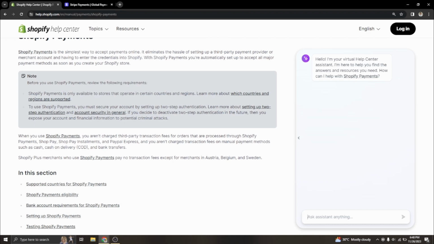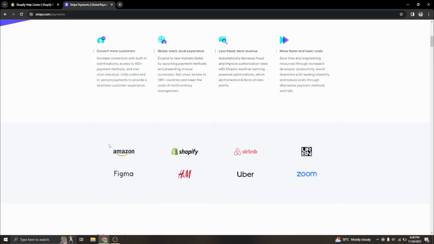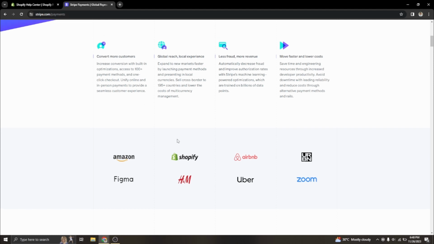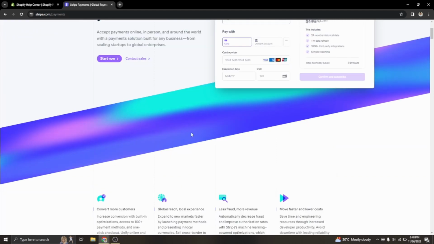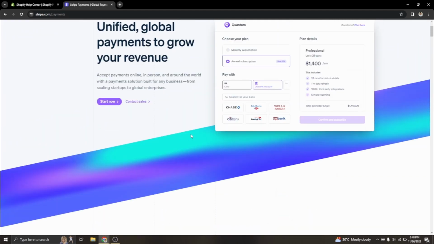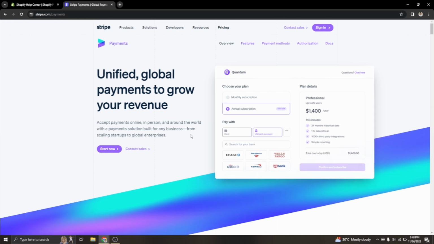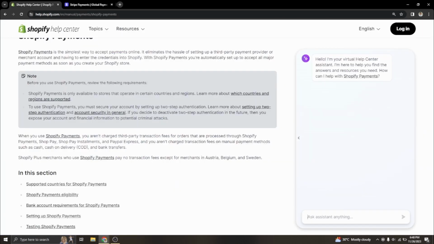However, Stripe and Shopify are still different. Stripe is a third-party payment solution. It is built for many e-commerce platforms to take the work out of billing. While Shopify provides its own payment solution.